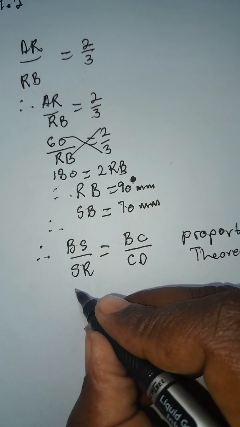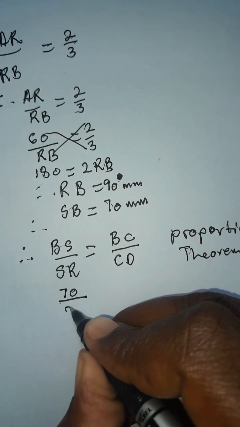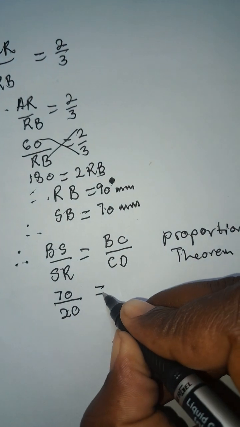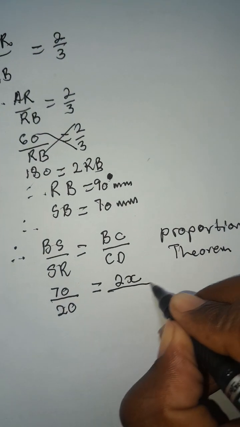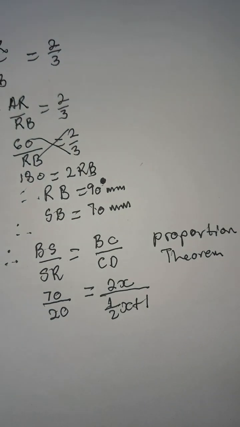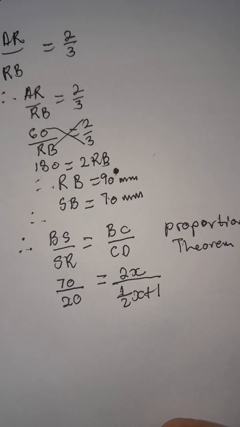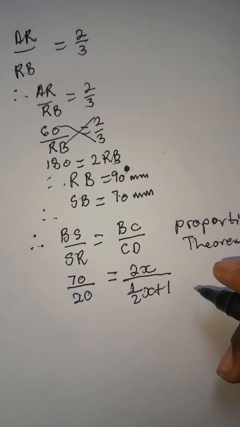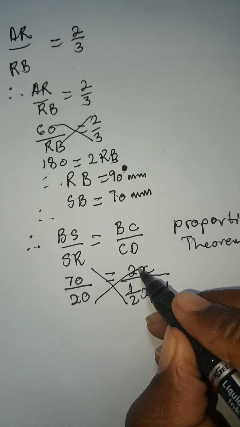And we said that BS is 70, SR is 20, BC is 2x, and we also have CD as half x plus 1.